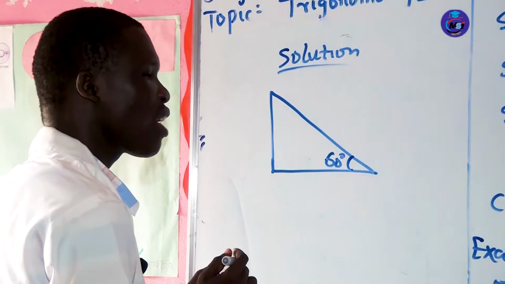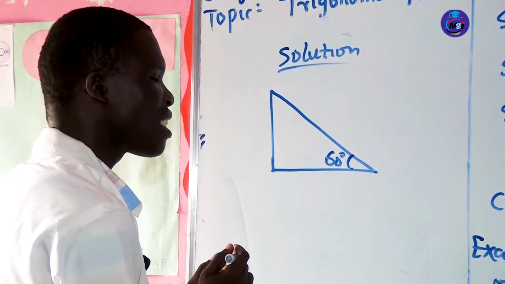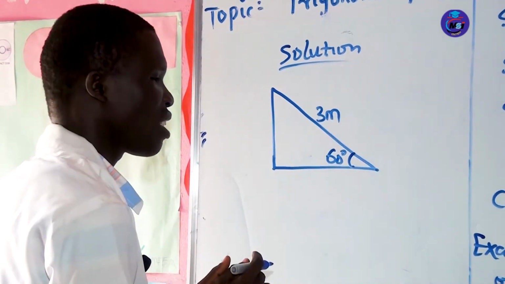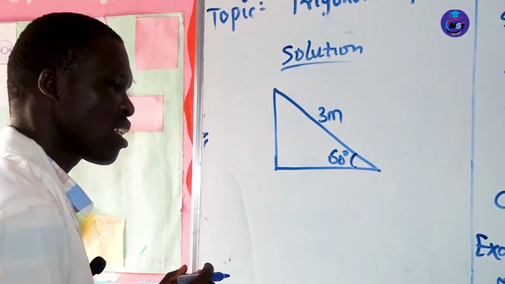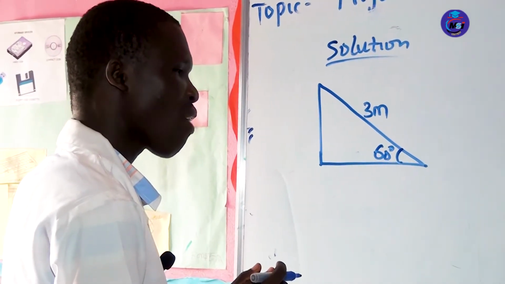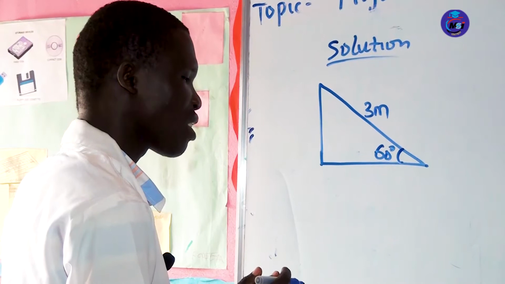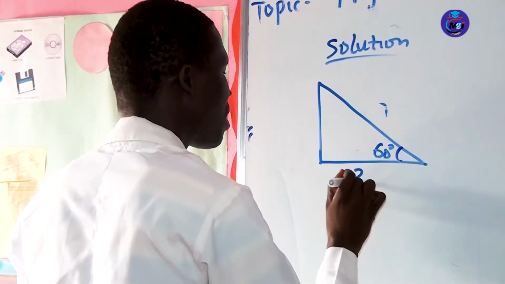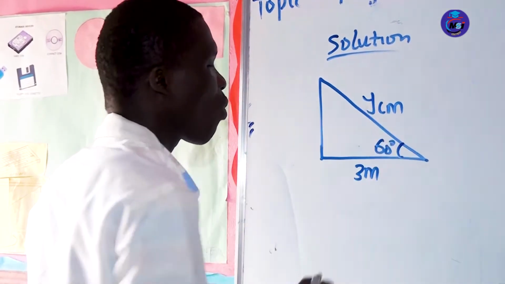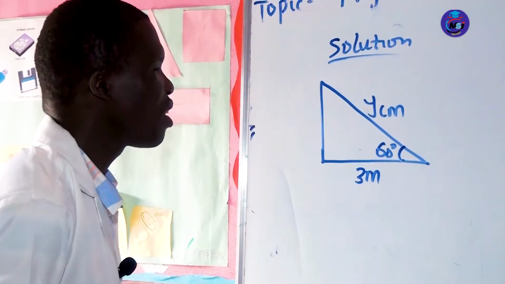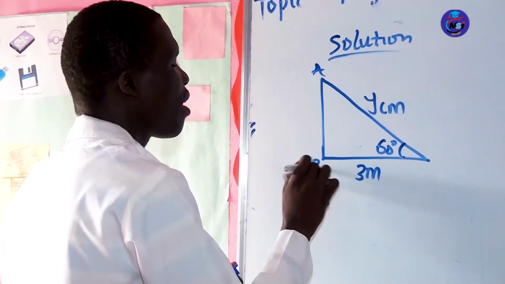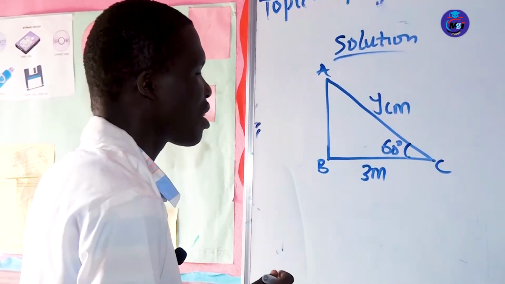Now if the point of observation is 3 meters from the foot of the tree, this will give us 3 meters. How far is the point? Let's represent this y meter. Now remember we have A, we have B, and we have C.